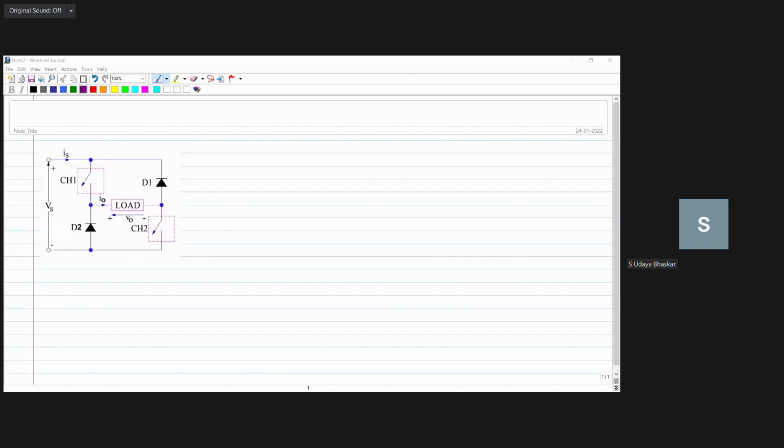Right. So whenever the switch closes, then what happens here at T is equal to 0 plus?